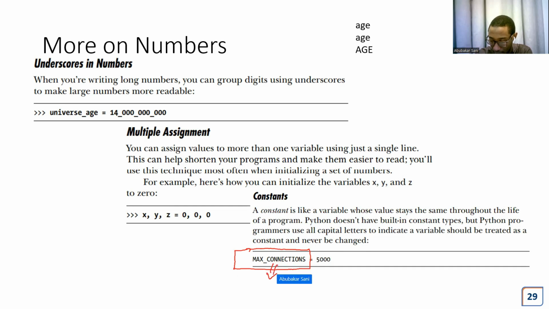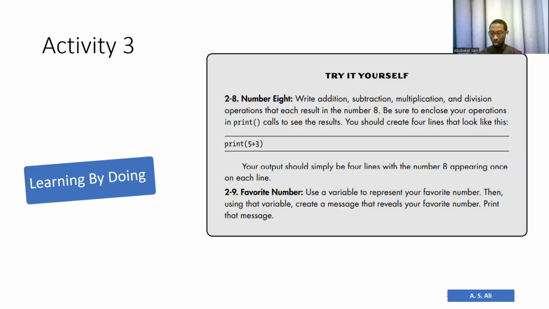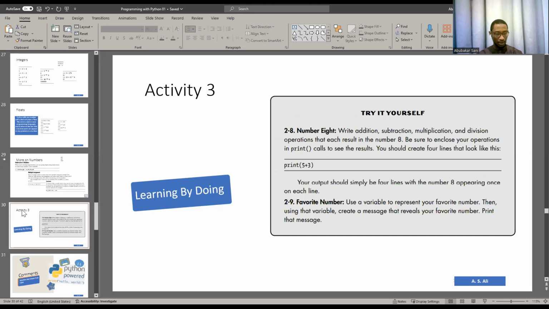Of course, Python doesn't have a built-in constant type. All right. So this is also another activity where we would like to do a few things. All right. So I will move to my Colab.